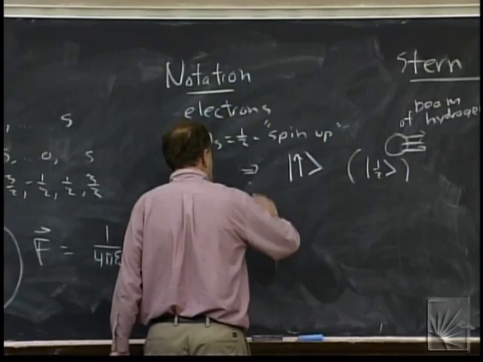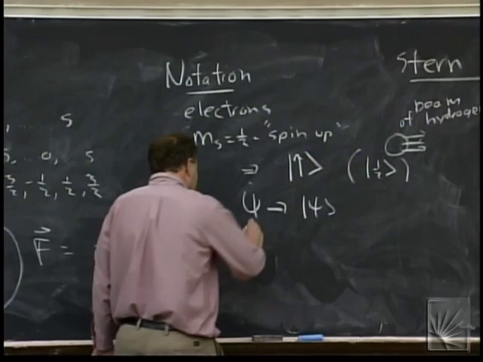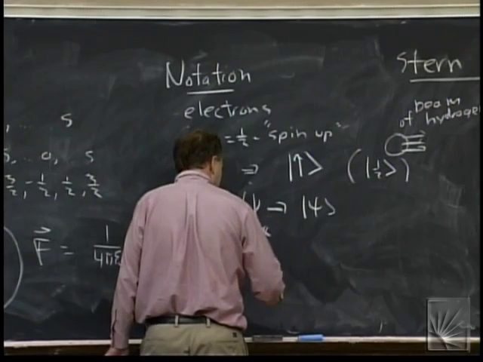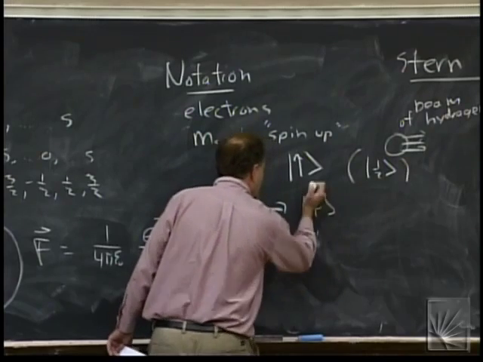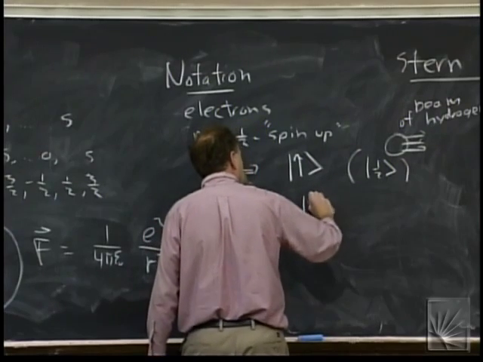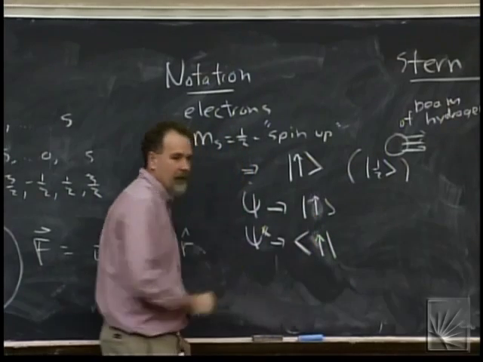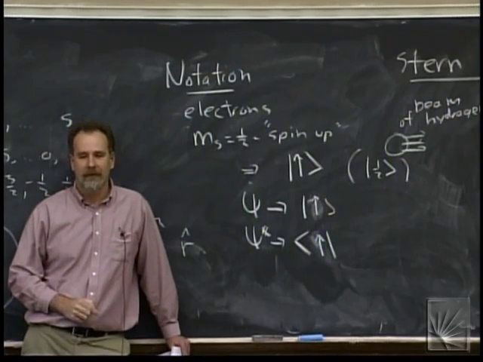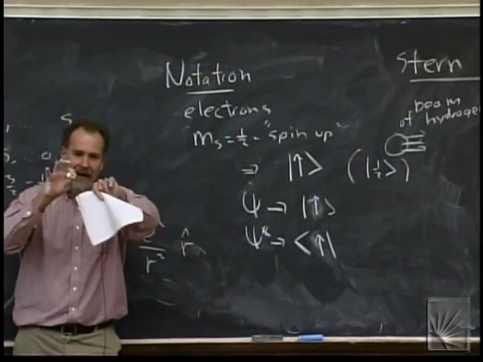So the analogy of psi is that. The analogy of psi star is to just draw the ket backwards. It's called a bra. And so the two of them together are a bracket.